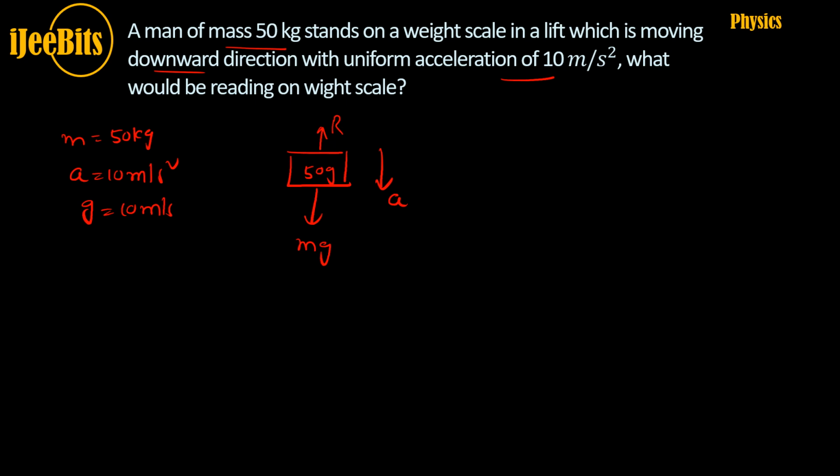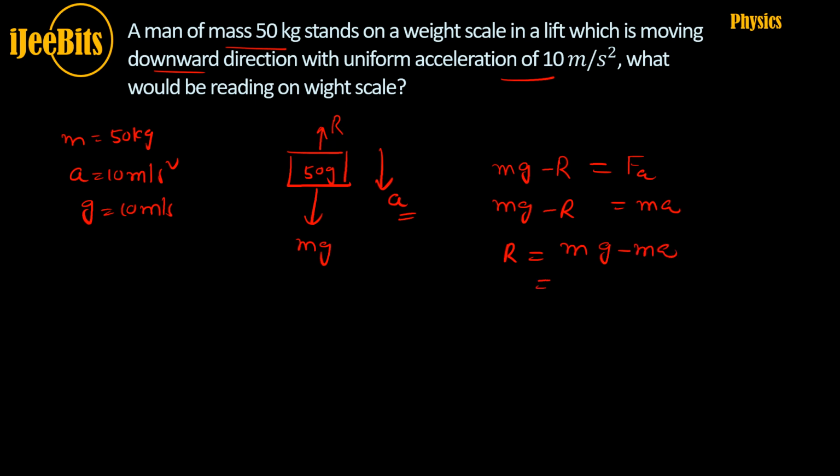Because of this downward direction, the net force would be mg minus R equal to the force with acceleration, the lift force, right? Fa, which is nothing but ma. So mg minus R equal to ma. So R would be how much? mg minus ma.